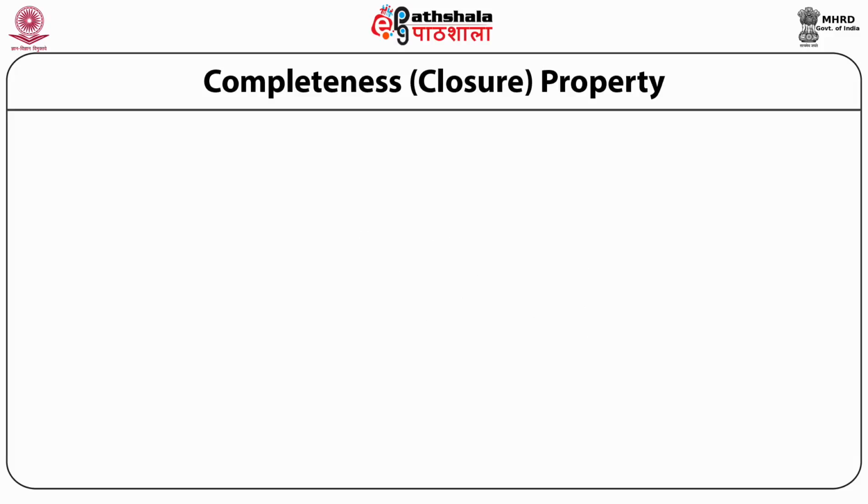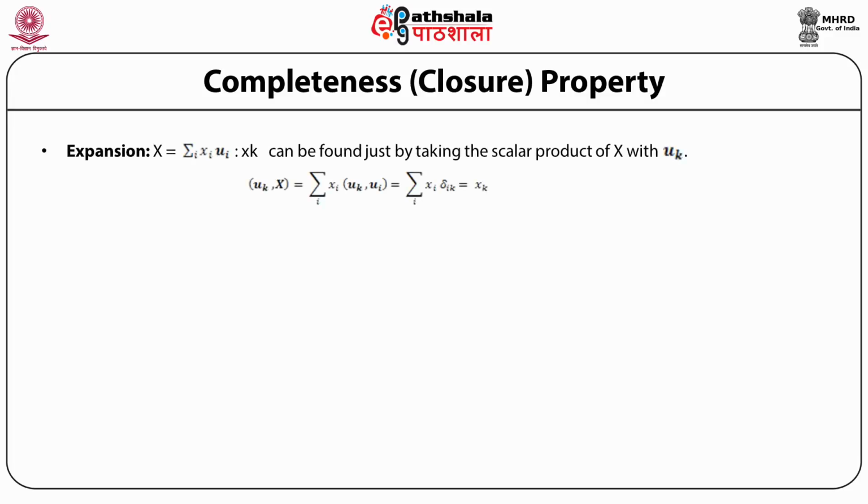Completeness or the closure property. Let us define the expansion x is equal to summation over i xi ui, where ui is the set of unit vectors and xi are some coefficients. Then we can find the coefficients xk by just taking the scalar product of x with the unit vectors uk.